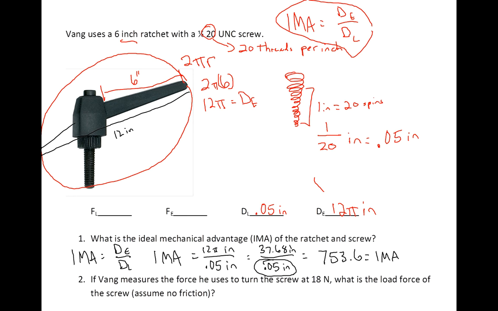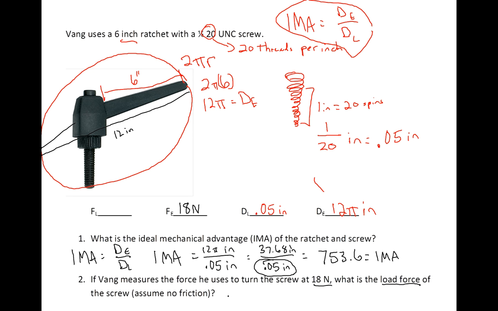Now it says if Vang measures the force he uses to turn the screw at 18 newtons, what is the load force of the screw? Assume no friction. So assuming no friction means IMA equals AMA. So the force that Vang uses is 18 newtons. So that's going to go in our force of effort.